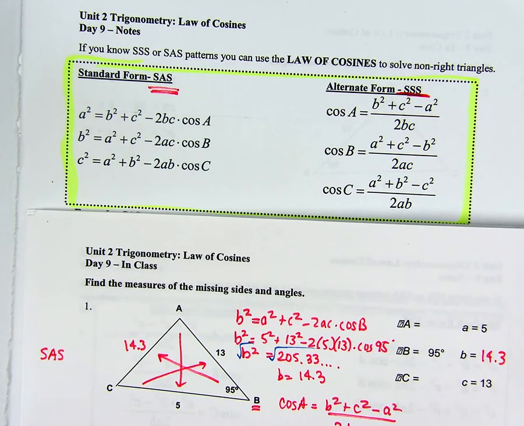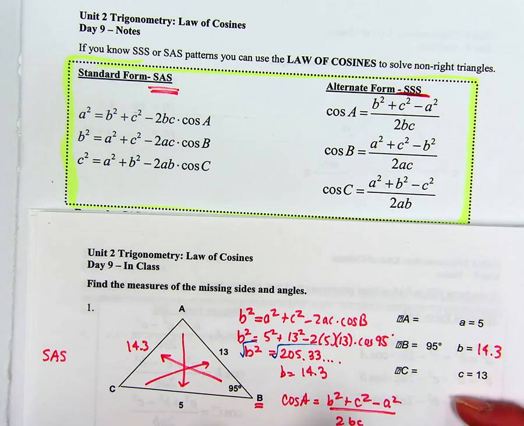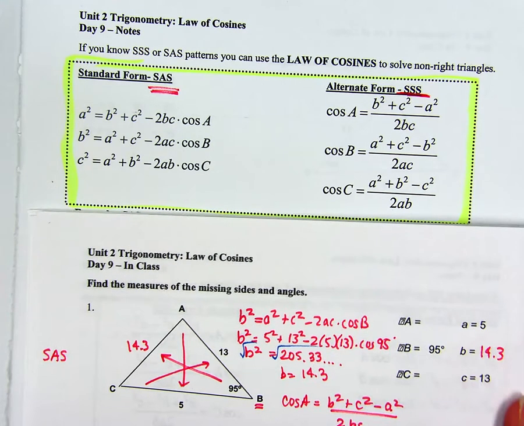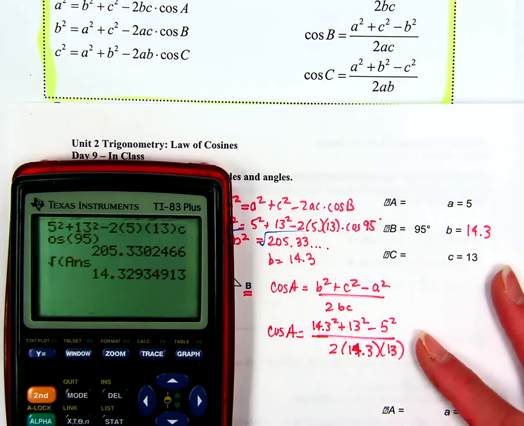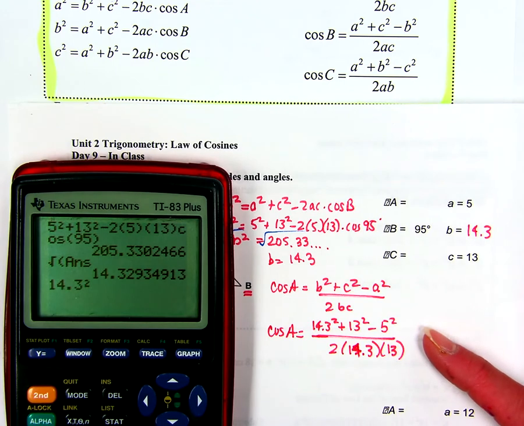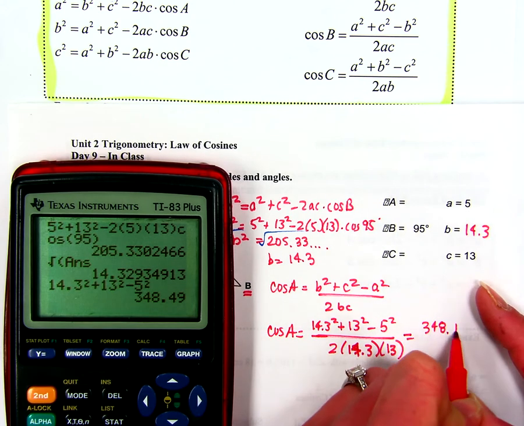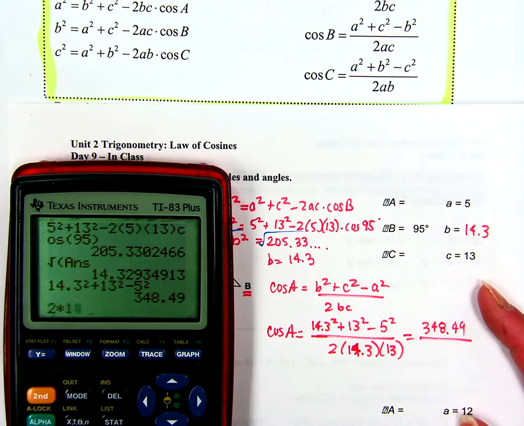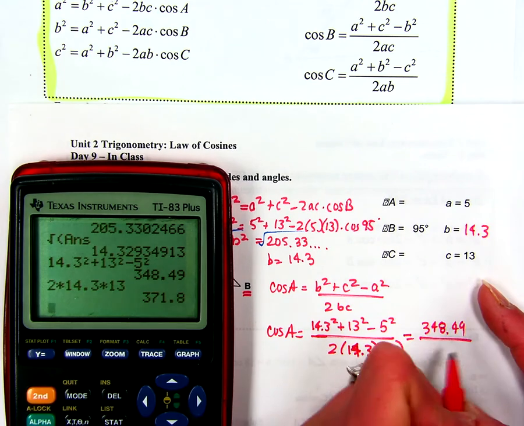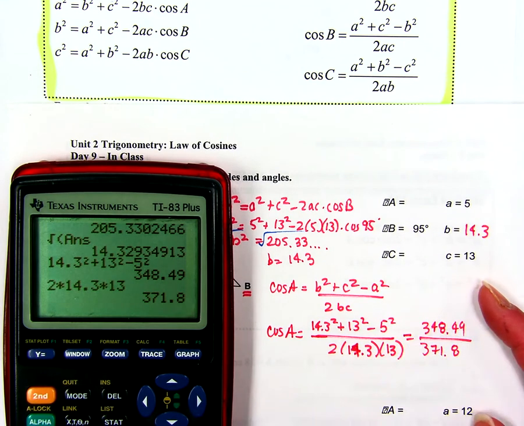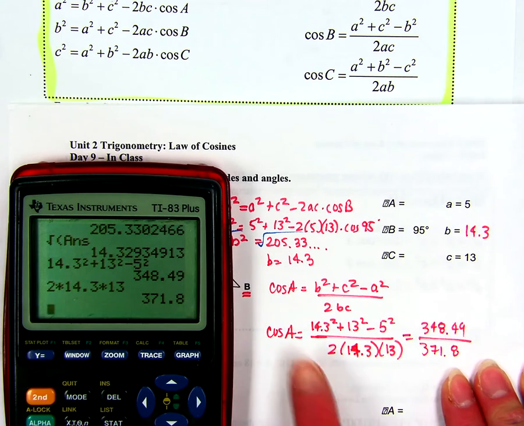All right, so now when you put this in your calculator, I'm going to do the numerator first just to get one answer. So 14.3 squared plus 13 squared minus 5 squared. That gives me 348.49 over 2 times 14.3 times 13. 371.8. Now that's not actually angle A, that's cosine of angle A.